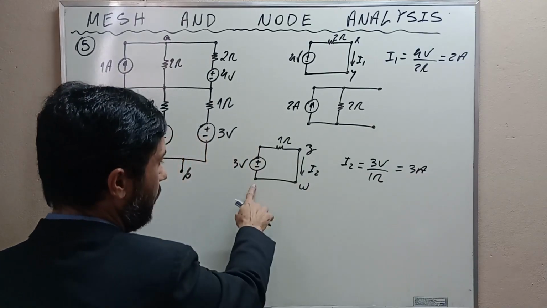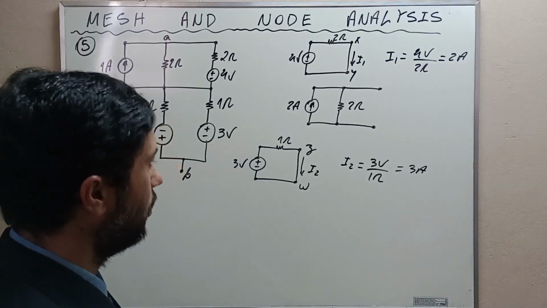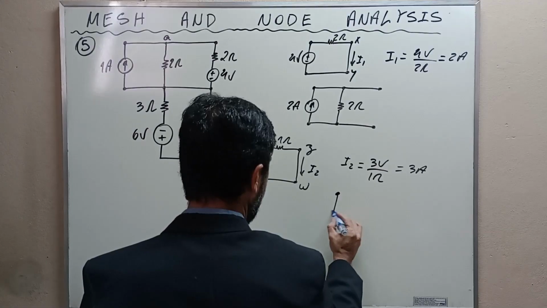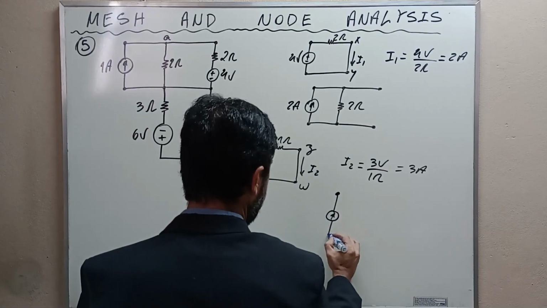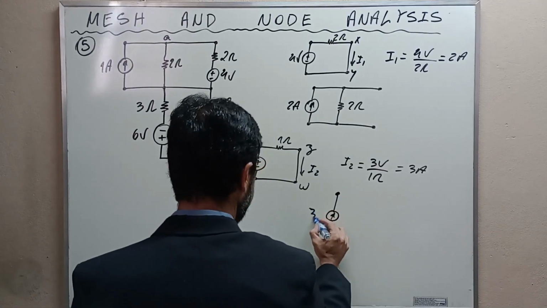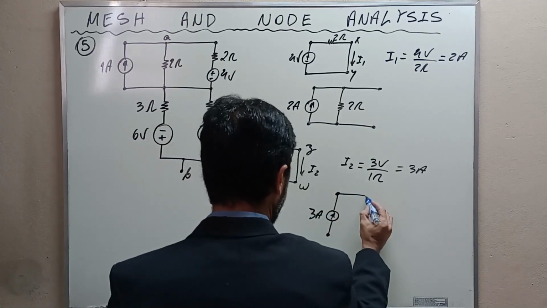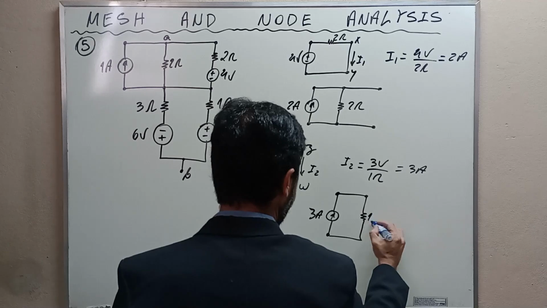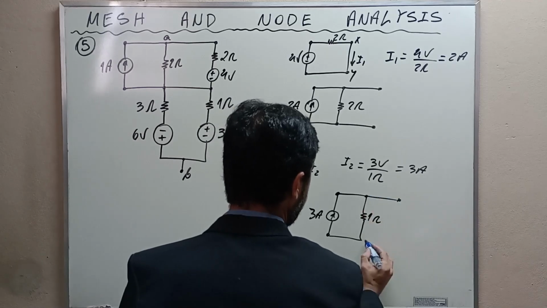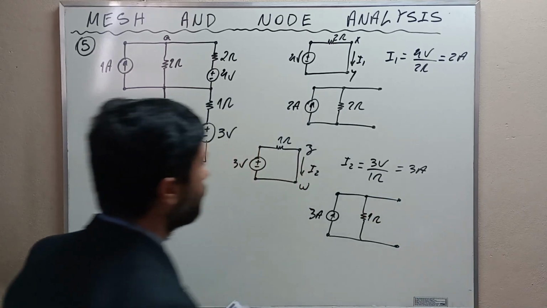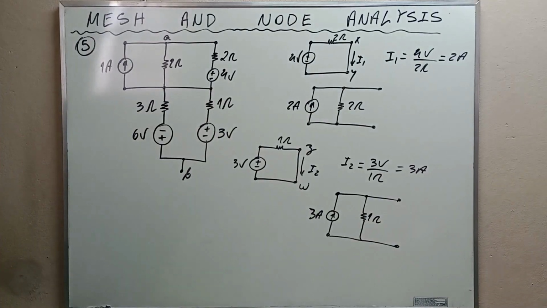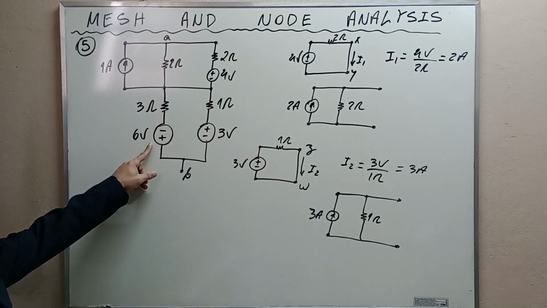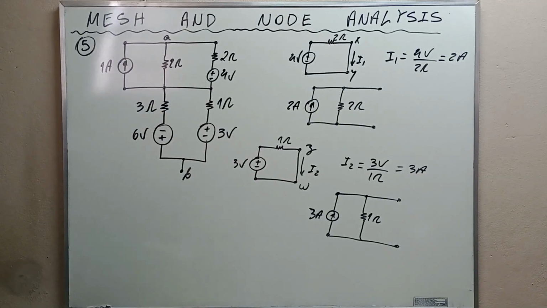Thus, this can be remodeled as a current source with a resistor. Likewise, we are going to do this for this voltage source.